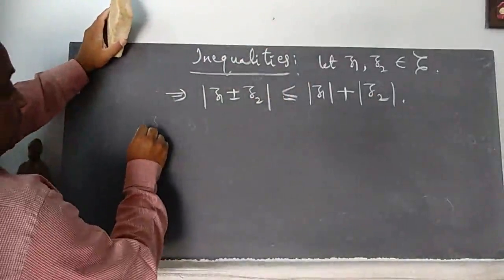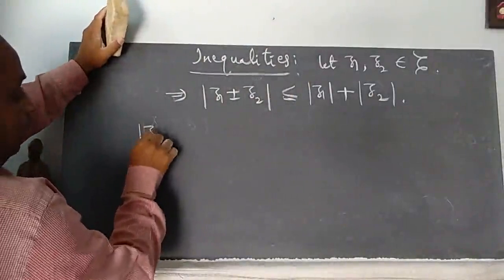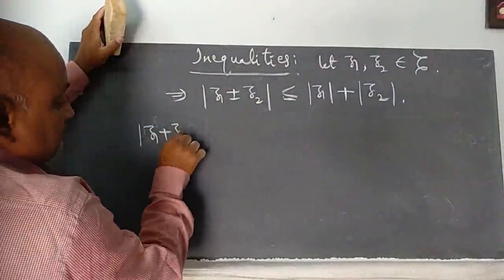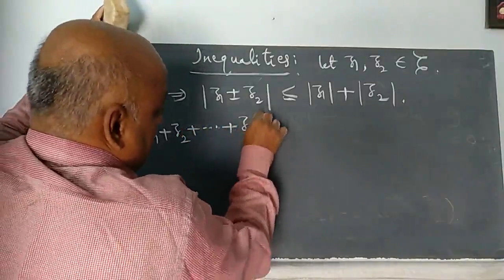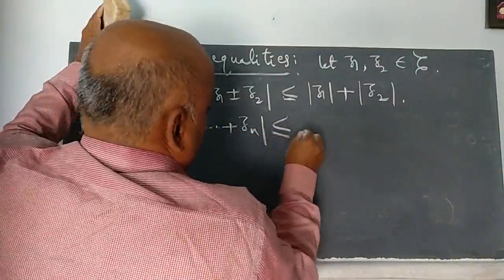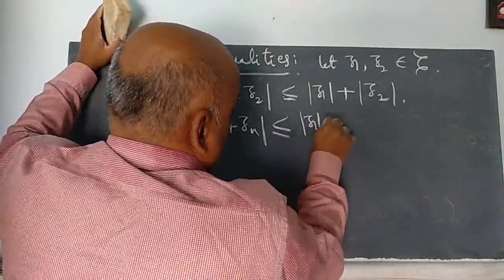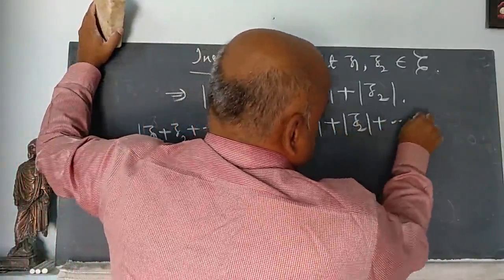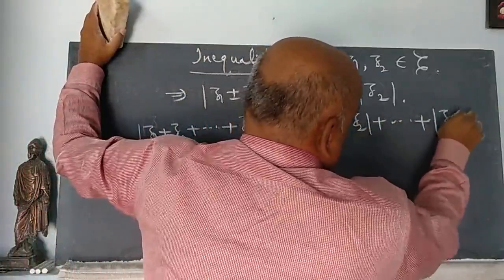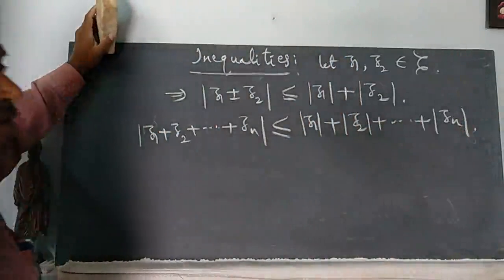In general, mod z1 plus z2 plus ... plus zn is always less than or equal to mod z1 plus mod z2 plus ... plus mod zn.